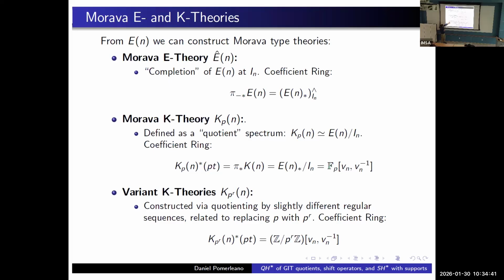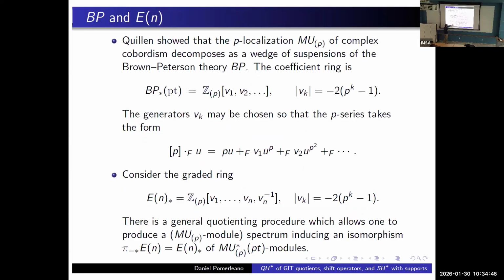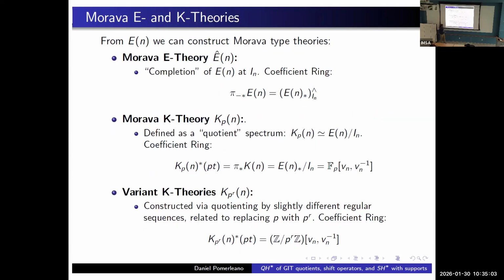Or instead, you can quotient by the ideal generated by P, B1 up to Bn minus 1, and you get what's called Morava K theory.